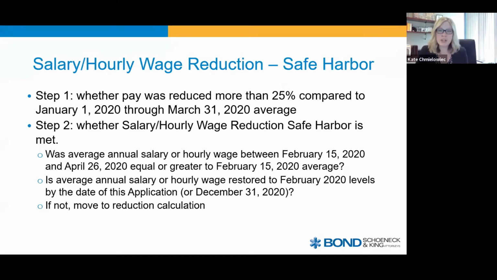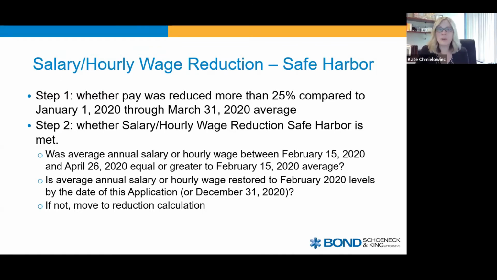So now let's look at step 2, whether the salary and hourly wage reduction safe harbor has been met. Was the average annual salary or hourly wage between February 15th, 2020 and April 26th, 2020 equal to or greater than the February 15th average? And then the next step is whether the average annual salary or hourly wage was restored to February 2020 levels by the date of this application or December 31, 2020.